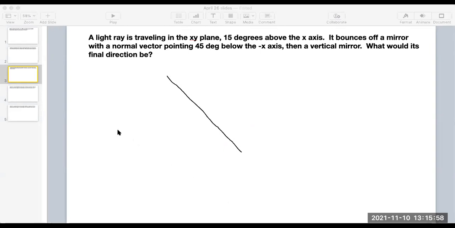And our second mirror points like this. So coming in like this, what will our final direction be? Go ahead and work through it.